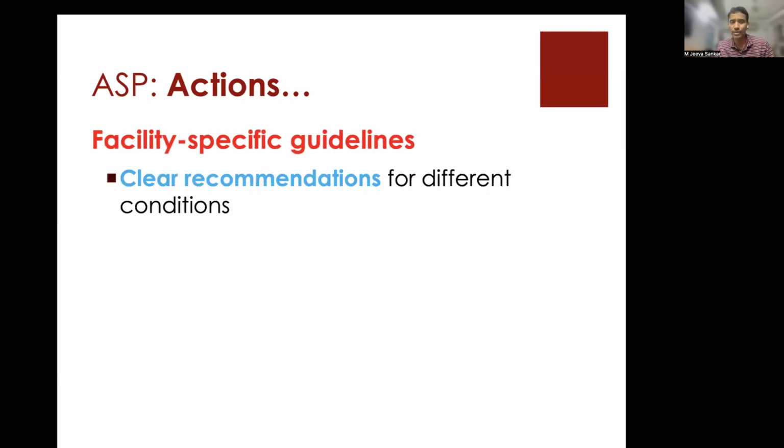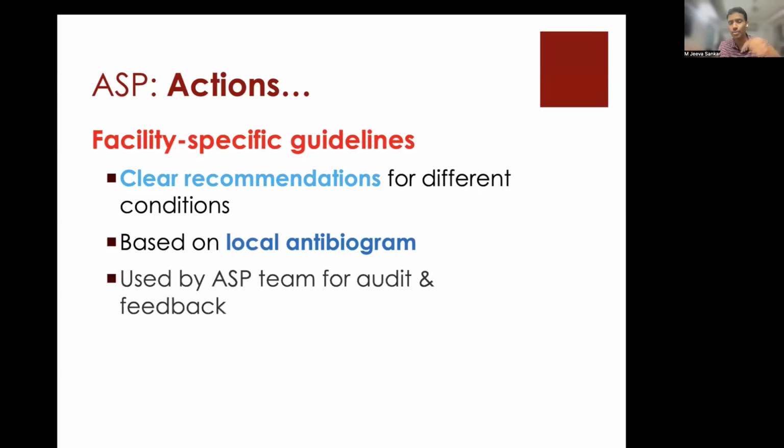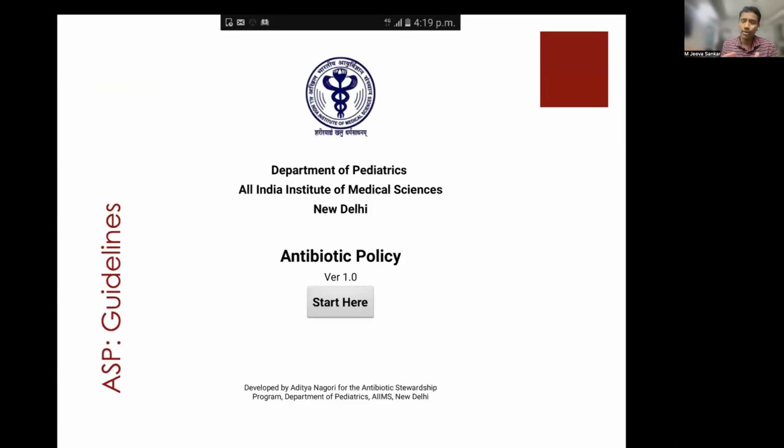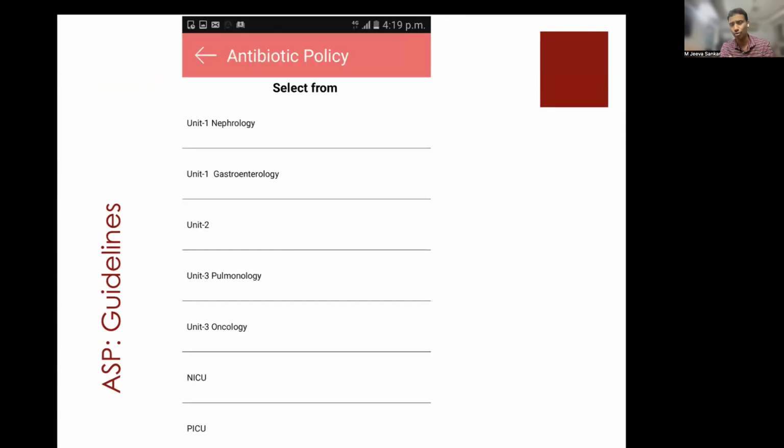So what we can do is, for this audit mechanism to happen, we need guidelines or clear recommendations, and those guidelines should be based on the local antibiogram, and that is used by the ASP team. Now, these guidelines, for example, at AIIMS, we have this antibiotic policy. So that's available as an app for an Android phone or an Apple phone.